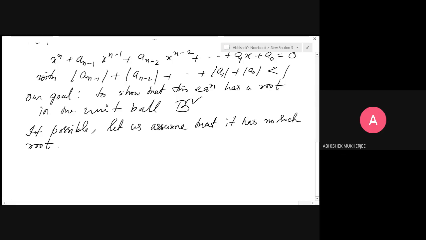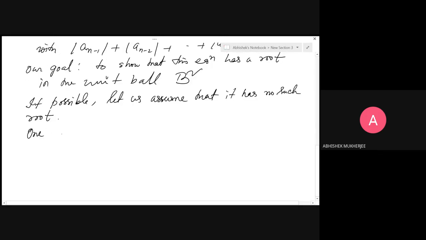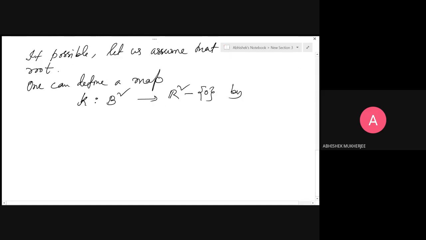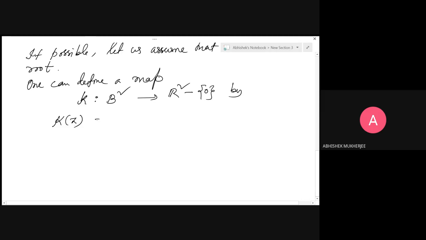With this assumption, one can define a map K from the unit ball to the plane punctured at 0 by the rule Kz equals z to the power n plus a_{n-1} z^{n-1} plus ... plus a1 z plus a naught.